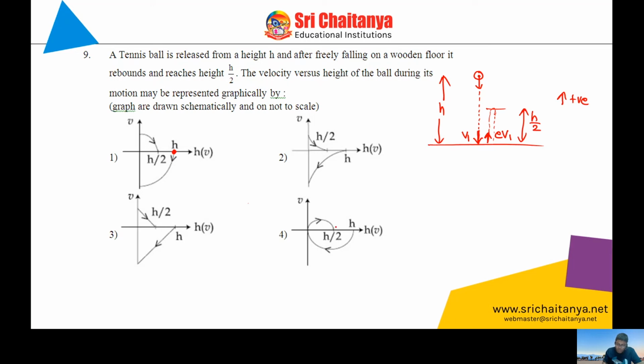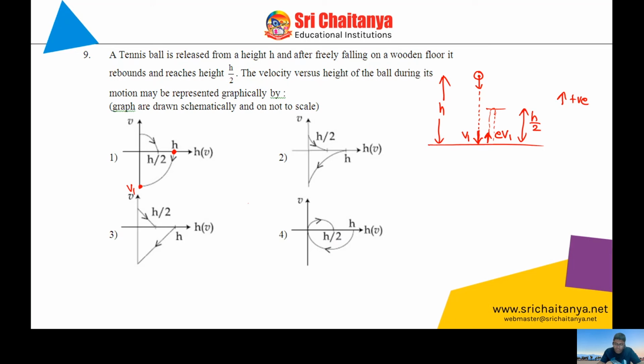I think all the entries are valid here, but you should also realize it has been dropped from h, and subsequently it will get to the maximum or the peak velocity. So this corresponds to v1. Then it rebounds, and the direction of velocity will be changing, because it would be moving in upward direction afterward. So the first part of the journey will be in the second quadrant, and the second part of the journey will be in the first quadrant.